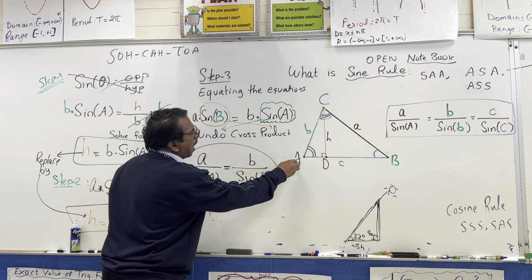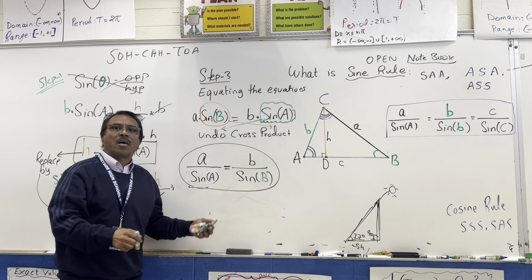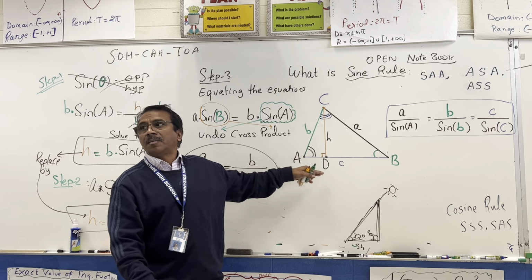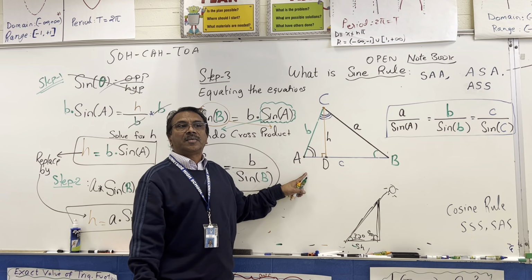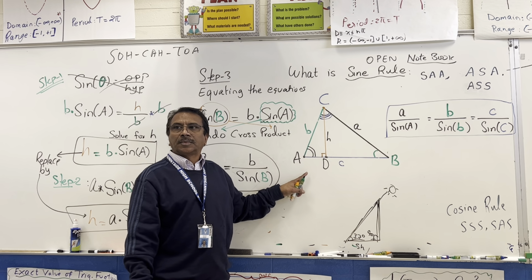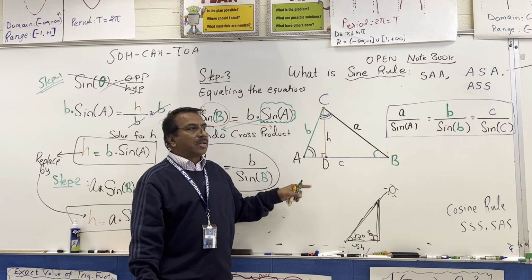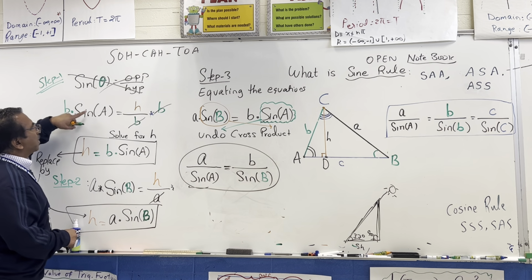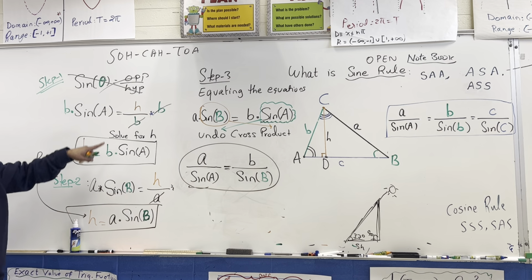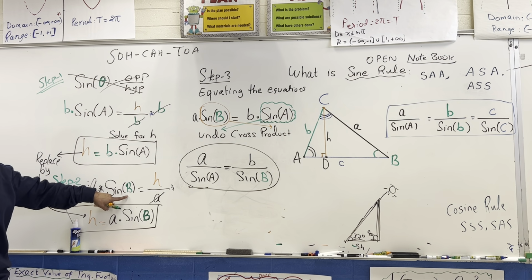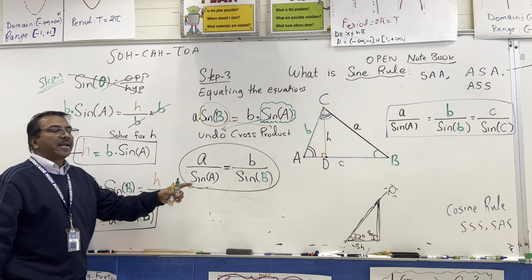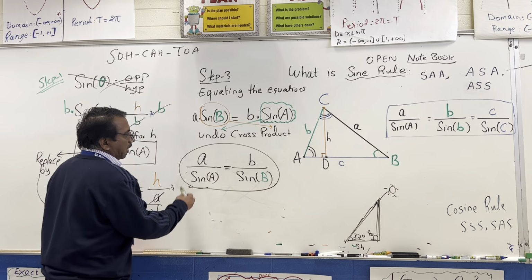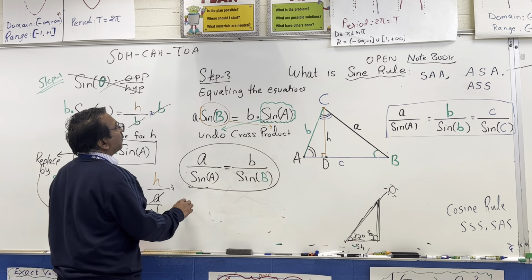Now, how did we end up getting this form? What was the angle that we picked up in this example? Which angle did we use here? Opposite angle. In step 1 and 2, do you see what are the angles that we use? A, and here B. So because you used A and B, you got this kind of expression, right? So I'm writing step 4.